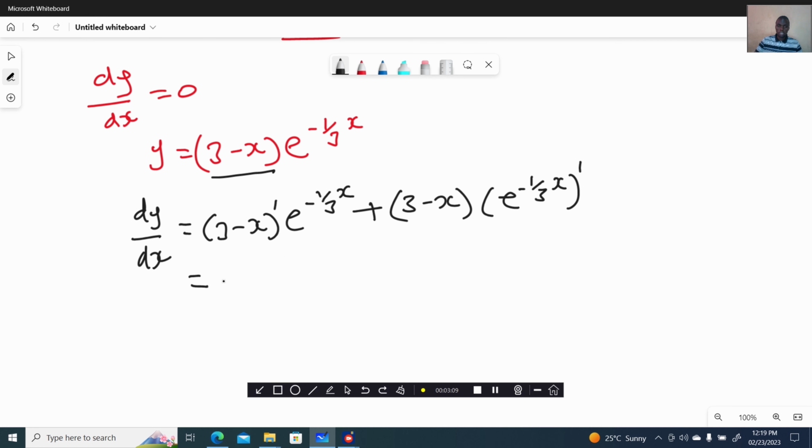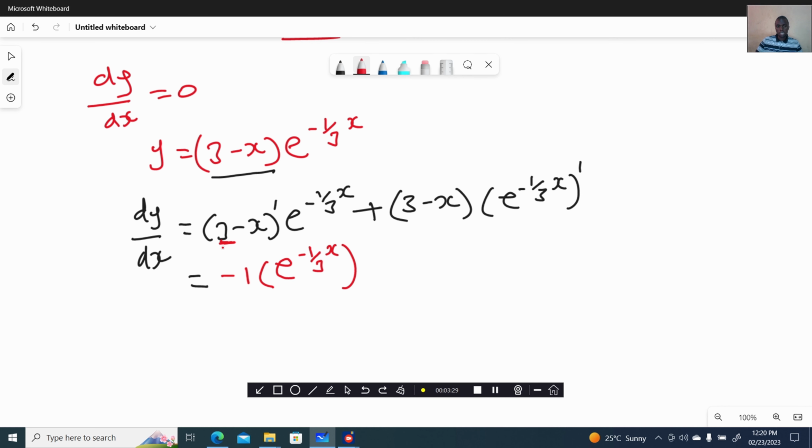When you differentiate negative x, we actually get negative 1, multiplied by e to the power of negative 1 over 3 x.